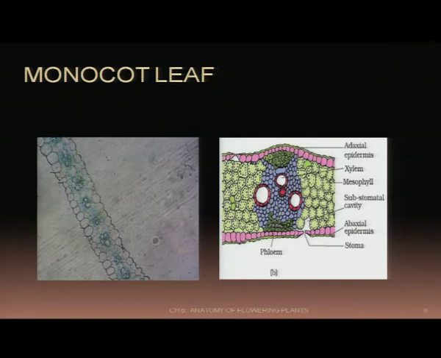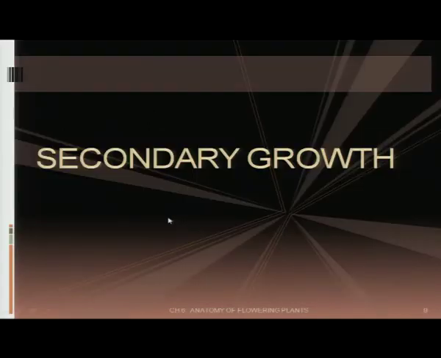Because of these, the monocot leaf is also known as isobilateral leaf, and the vascular bundles are arranged all through the length of the leaf. Now, this was about the last class.